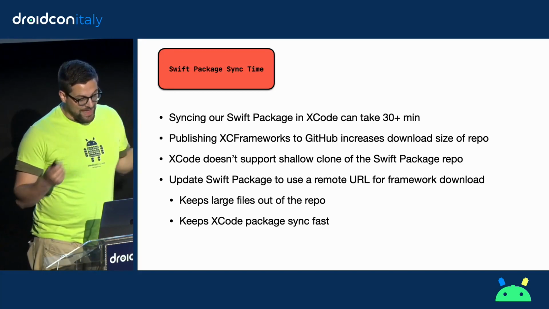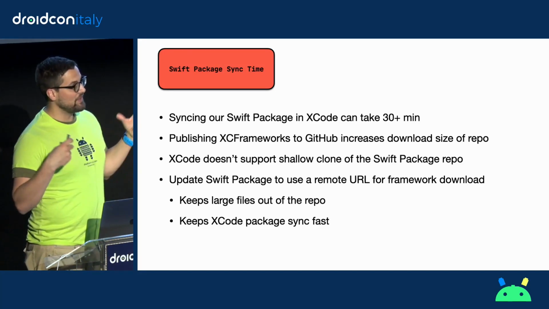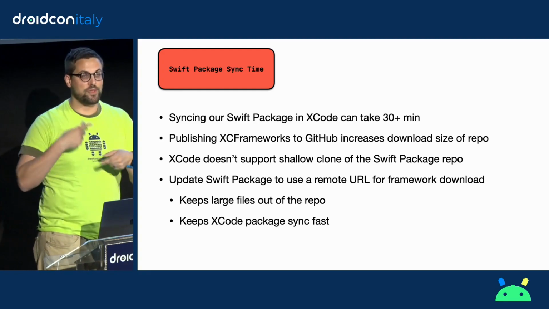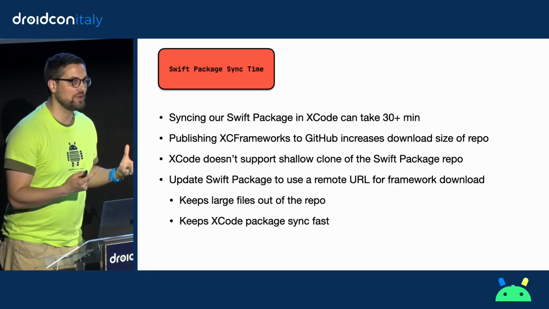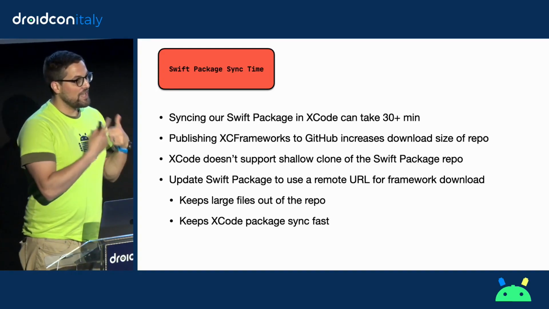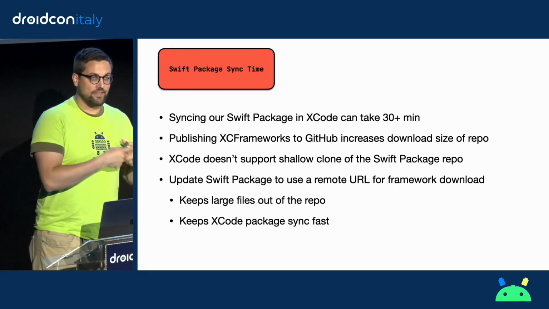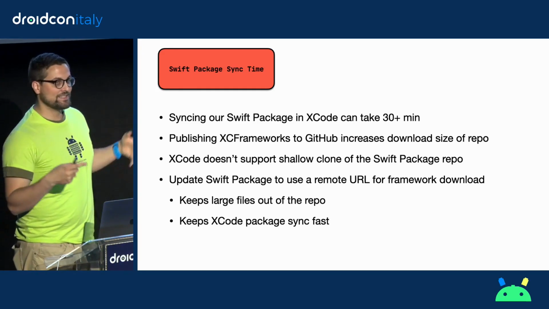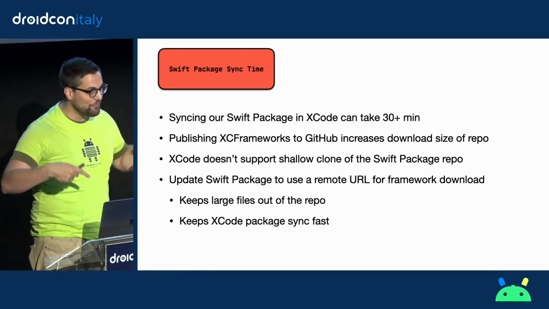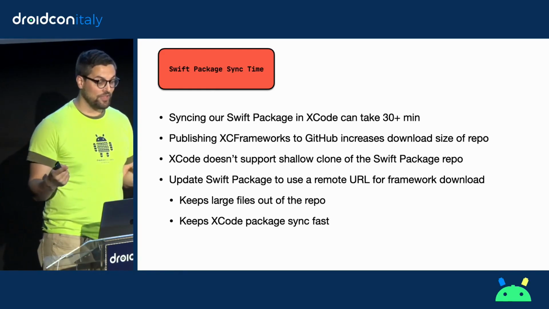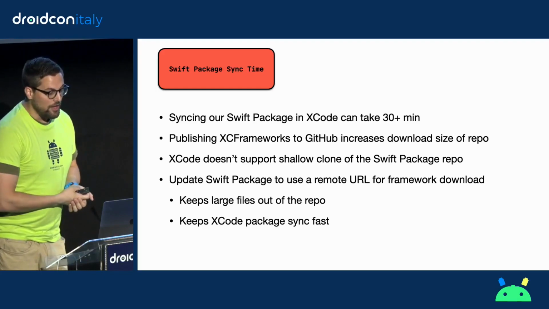Syncing our Swift package, like I said, took a really long time because eventually our repo, when we started to get a lot of people working on this, which again is a good problem to have, it meant it was working, we were checking in more and more frameworks, and the size of our repo became, I think, 6 or 7 gigs. So anytime someone did a full sync of that, as you can imagine, it took a really long time, especially on poor internet.